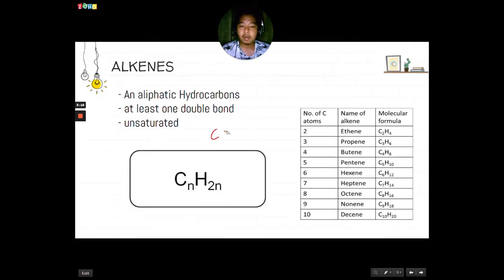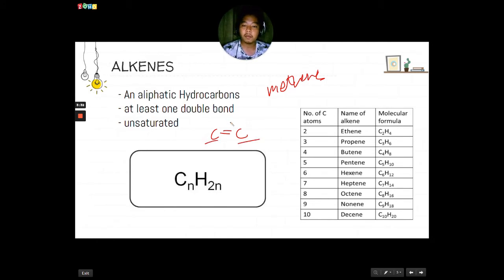Since there is a double bond, there is no such thing as methene, because a carbon cannot have a double bond with a hydrogen. It should be paired with another carbon to have a double bond.